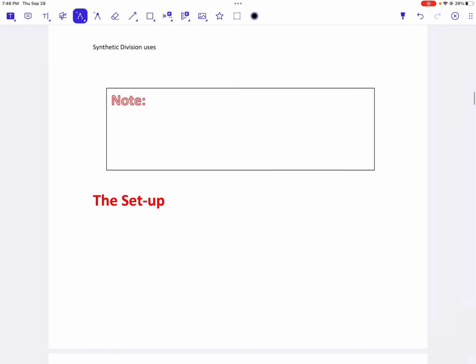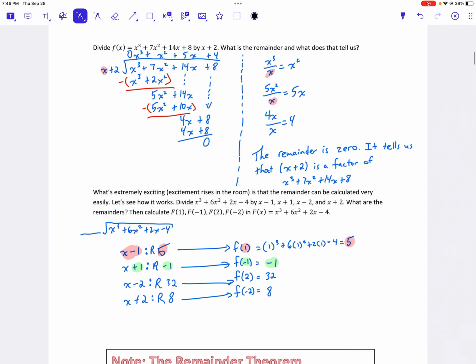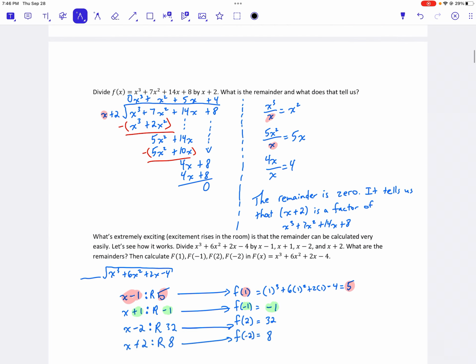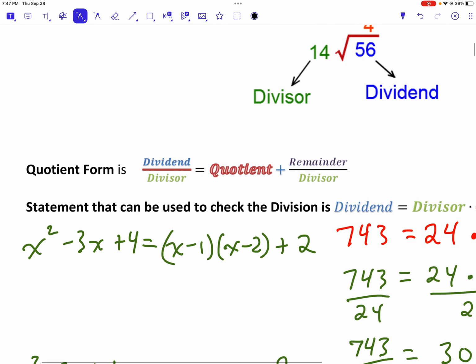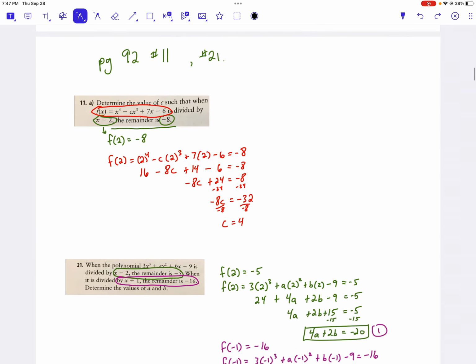If we want to do the other form, we looked at that over here. Oh, where is that? Right here, if we want to state this form, which is actually the way the question was stated. It was the dividend over the divisor. What we get is the quotient, and then plus the remainder over the divisor.